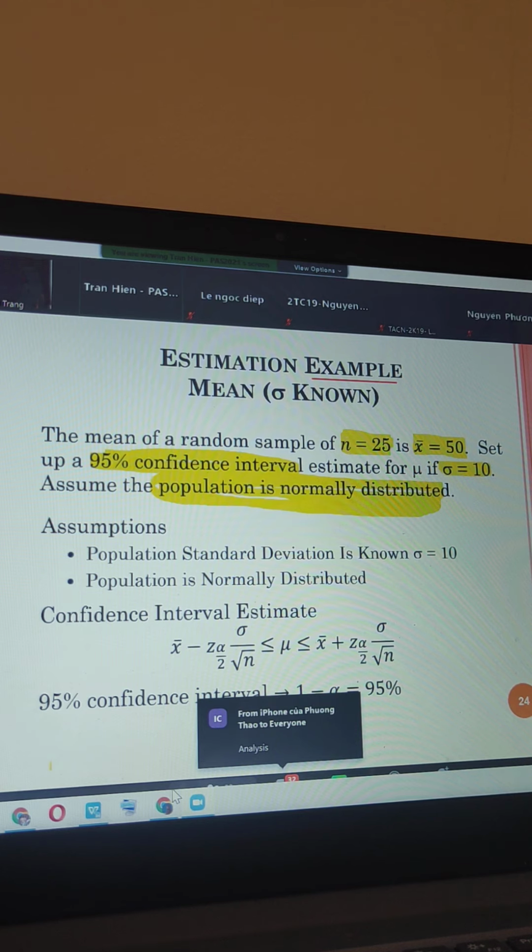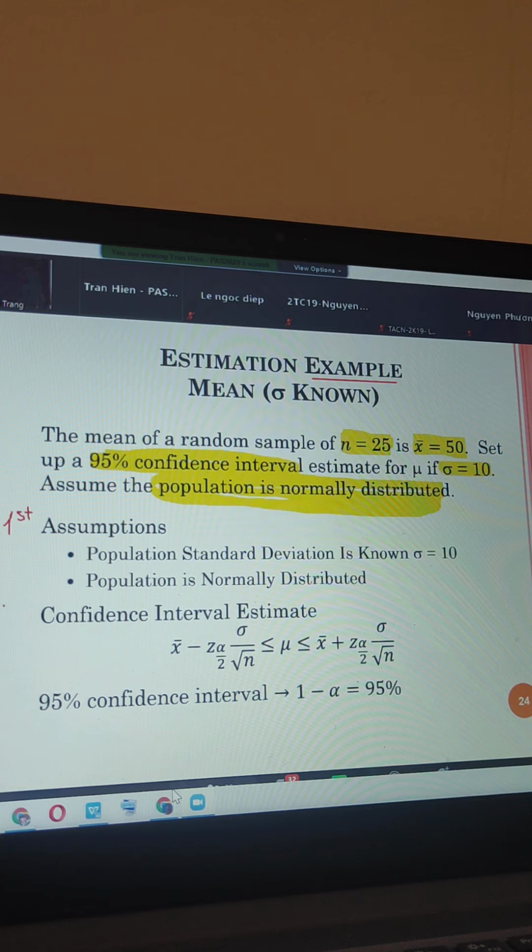The population standard deviation is known. In this case, standard deviation equals 10.